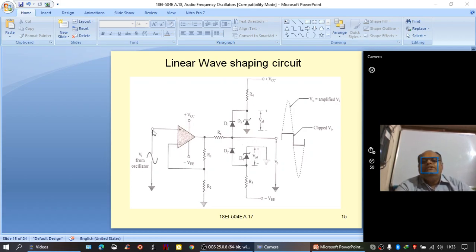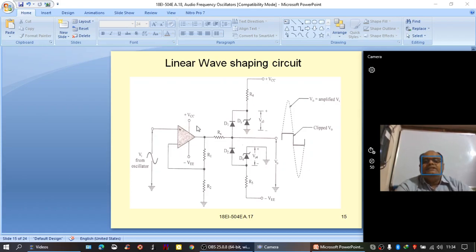When there is no input signal, let us suppose that the output voltage is at some arbitrary value. When a positive half cycle of the input signal starts, then immediately here the output goes high.